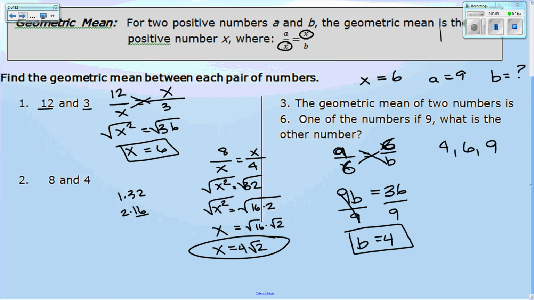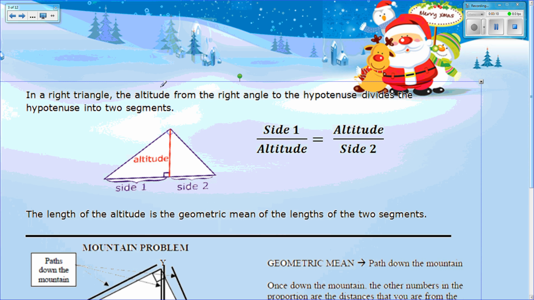All right. Now, in a right triangle, the altitude from the right angle starts here and goes straight down, and it divides the hypotenuse into two separate pieces. So then you would set up this proportion. Basically your altitude is your geometric mean.